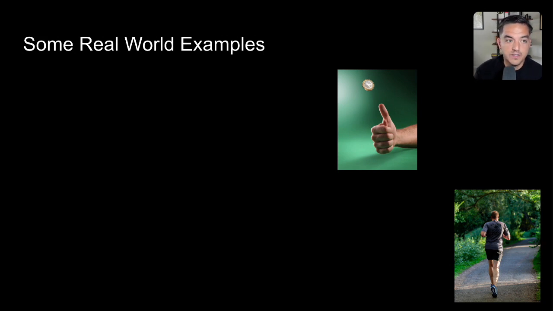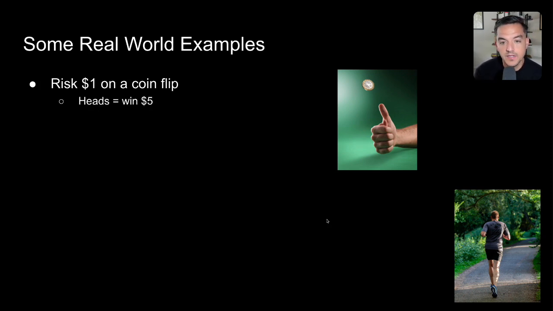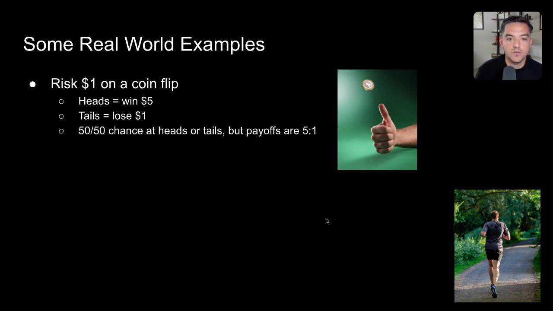Asymmetric upside, using this same example, would be we risk $1 on a coin flip. If it lands on heads, we win $5. If it lands on tails, we lose our $1. So obviously in this scenario, you would want to flip that coin as many times as you possibly could, because on average, you're going to win $5 as often as you lose $1, which means you're basically guaranteed to win in the long run.